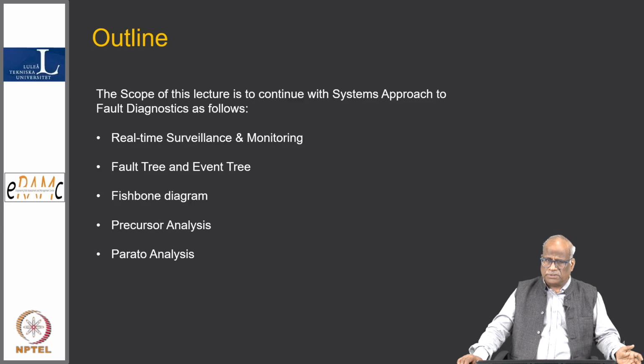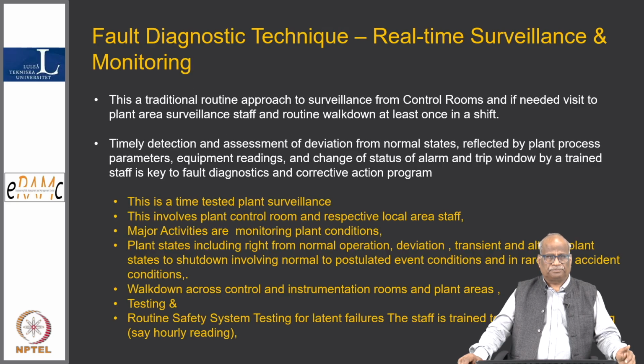If it has serious consequences, then we have to investigate seriously, and I'll show you what level of detail needs to be investigated. Pareto analysis is there. In one word, if somebody has to define it, it is an 80-20 rule which is implemented for cause and effect type of subjects.